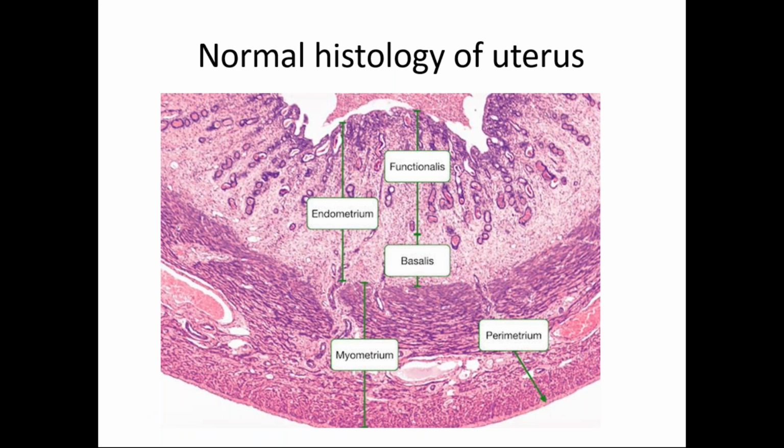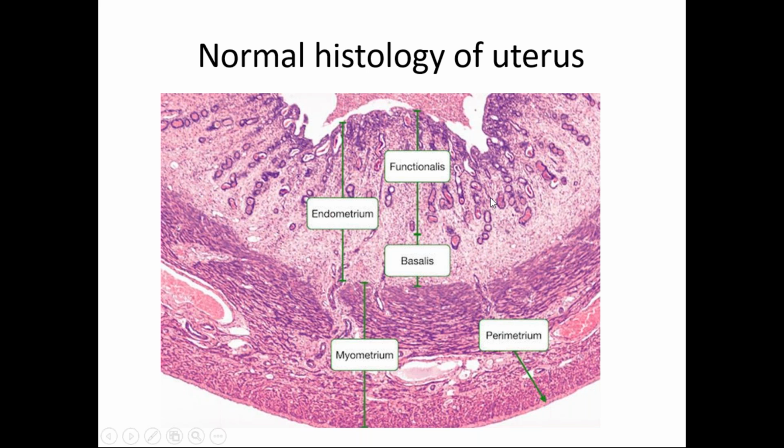This is the normal histology of uterus, and this is the uterine lumen, and this is the endometrium followed by myometrium, which is divided into perimetrium and stratum vasculosa and outer serosa. So this is the endometrium. These are the gland-like structures we can see in the endometrium, and surrounding these glands is the stroma.